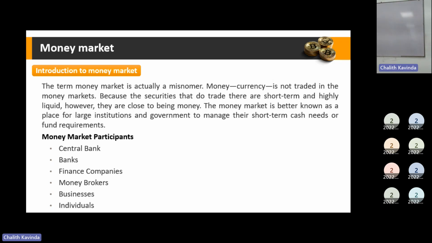So the first one, we have the interbank call money market.